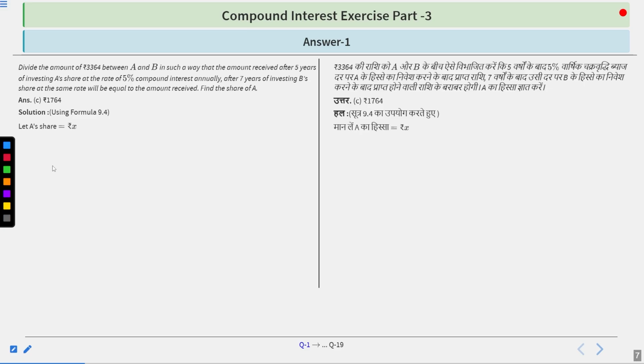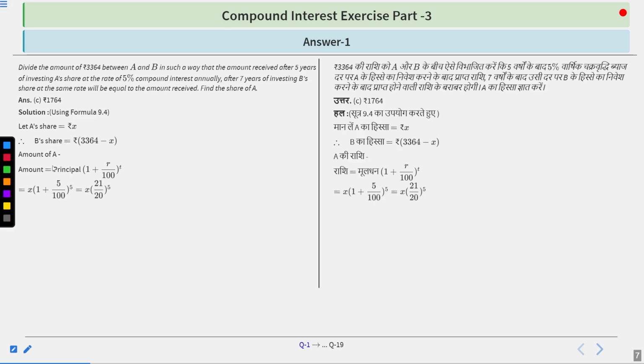Let A's share be equal to rupees x, therefore B's share is equal to rupees 3364 minus x. Amount of A is equal to principal into (1 plus R upon 100) raised to power t, that is formula 9.4.